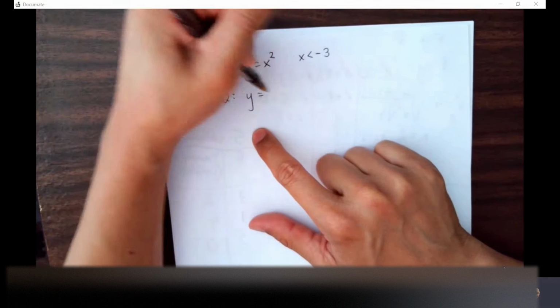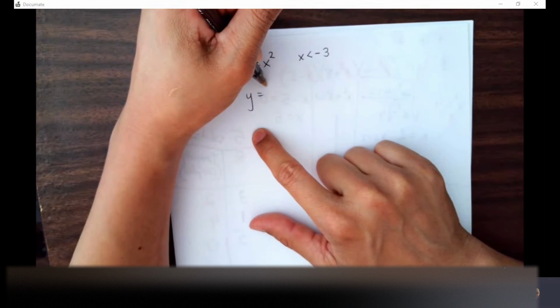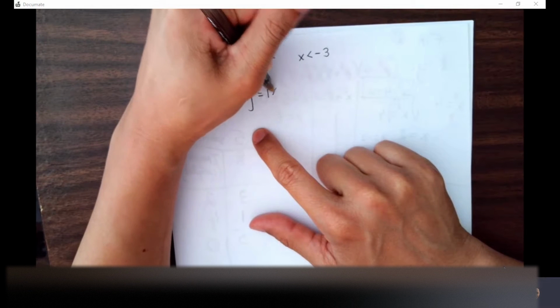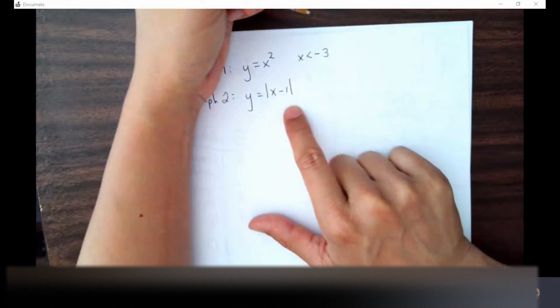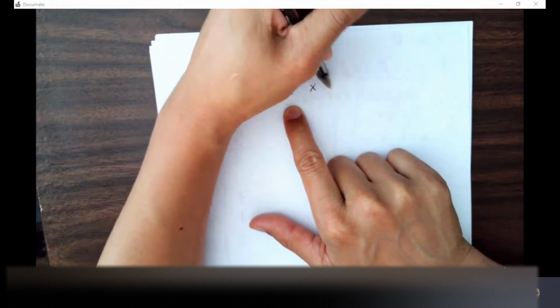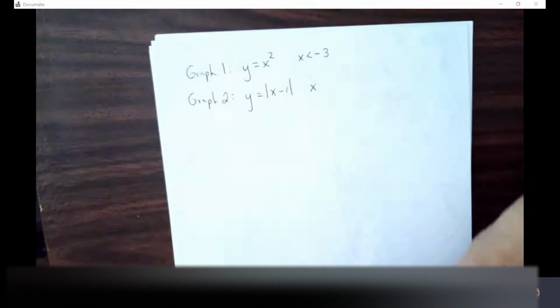Let's say it was y equals absolute value of x minus 1. And this is showing between... let's see.